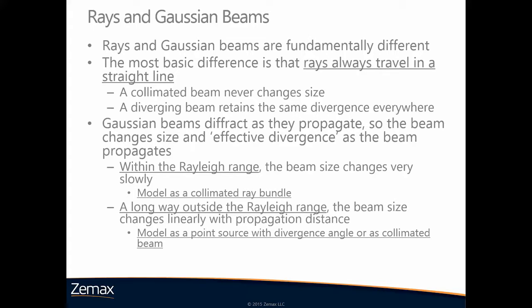Rays always travel in a straight line and can be brought to a point focus, whereas a Gaussian beam travels in a straight line along the z-axis, but if you're measuring the width of the beam within the Rayleigh range, it does not scale linearly with distance. Gaussian beams diffract as they propagate, so the beam changes size and its effective divergence as the beam propagates.